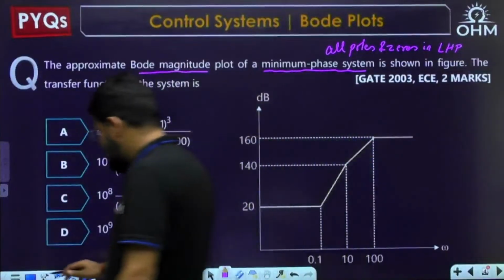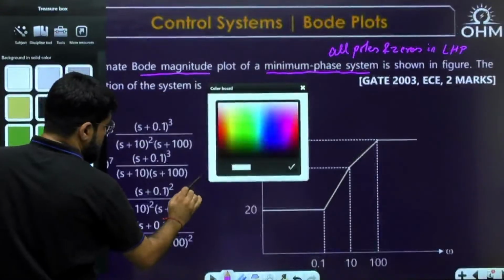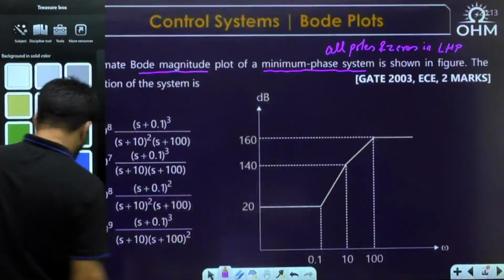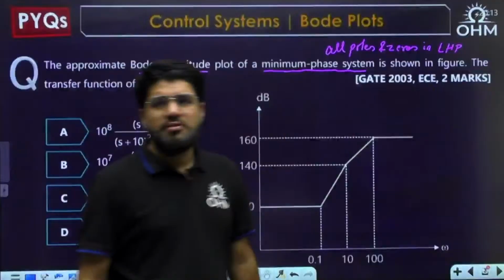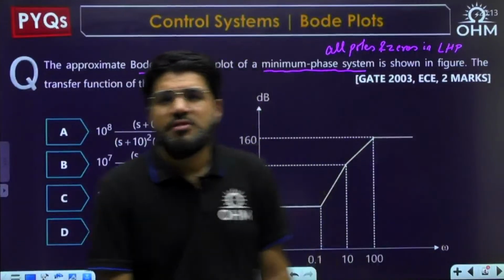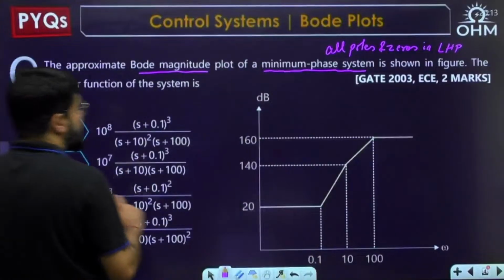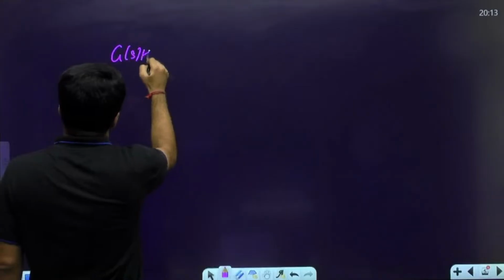Let's learn about the transfer function of the system. What are the different terms a transfer function normally contains?